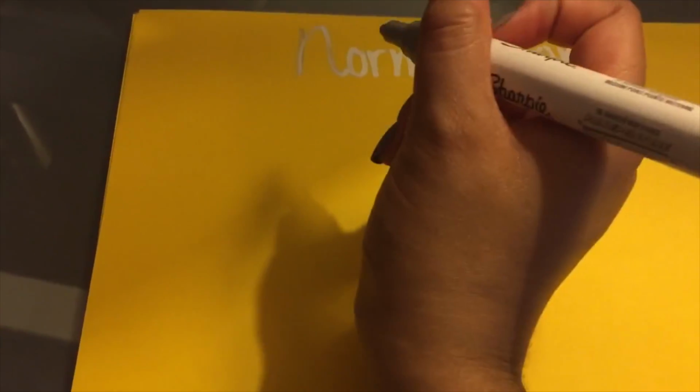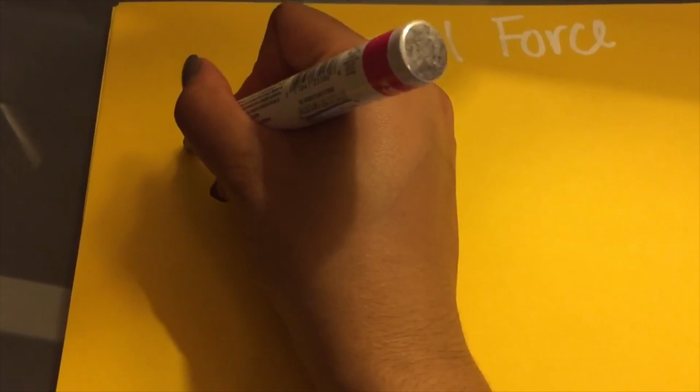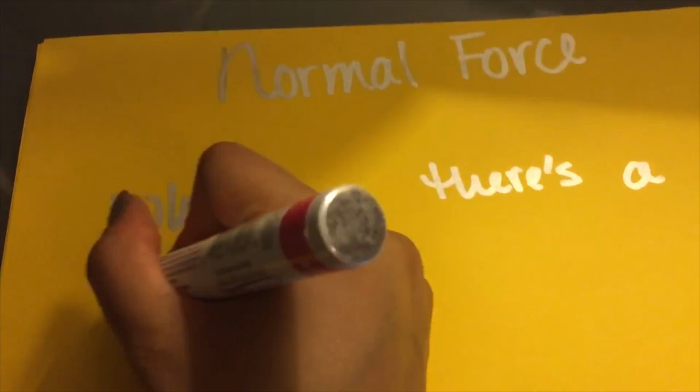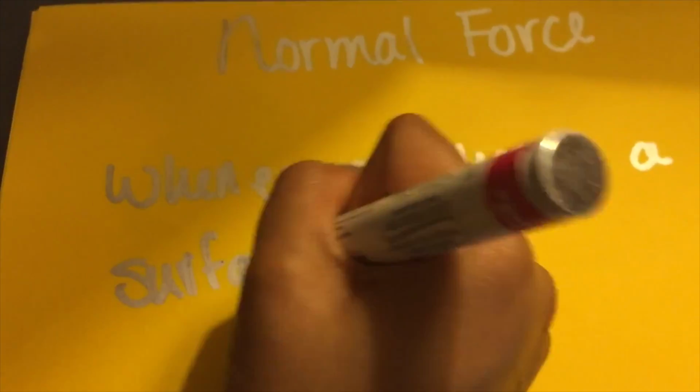So when we talked about Newton's third law, I mentioned normal force. To go into more depth about that, normal force is essentially whenever there's a surface. So an example would be the wall, like I did in Newton's third law, but also an object resting on a table.